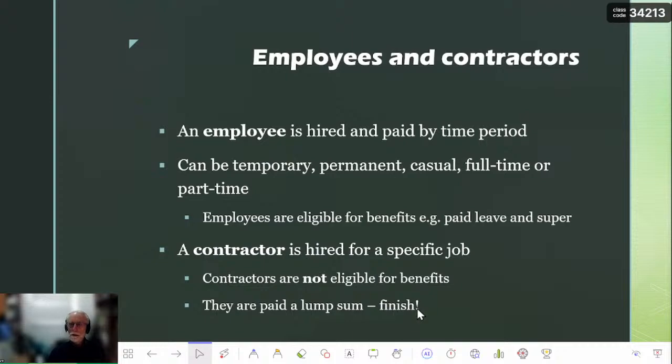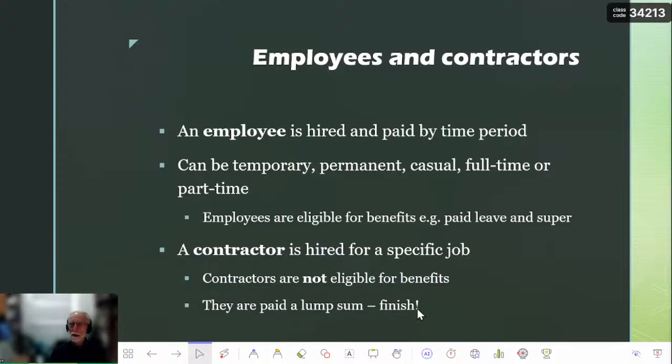You say, okay, you weed this field or these rows of this field, or you plant and so on. When you've done the job, you just get the money and bye-bye. Of course, you have to check at the end of the job or at the end of the day that the job has been done.